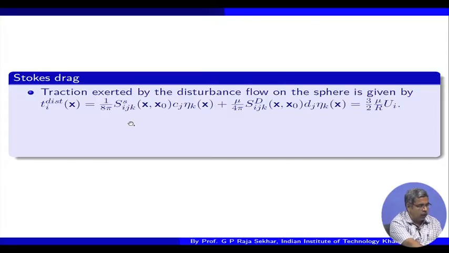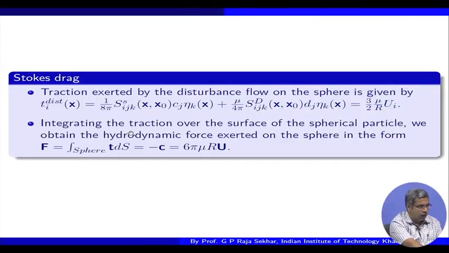So, similarly, one can compute the stress corresponding to the Stokeslet and potential dipole. So, that will be this, and one can integrate the stress over the surface element on the sphere to get the final result, which is the Stokes drag. Okay. So, this is a nice application of Stokes flow past a sphere with the singularity method.